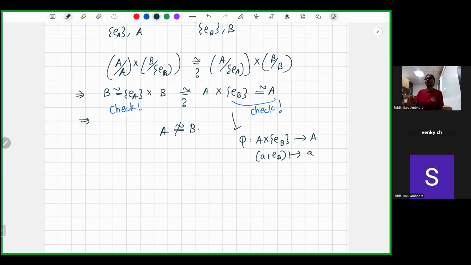And this will give me my group isomorphism from here to here. It won't matter. Take whatever element here you want, and any identity will still hold. Okay, similarly for B, you can do this and prove that this is an isomorphism.